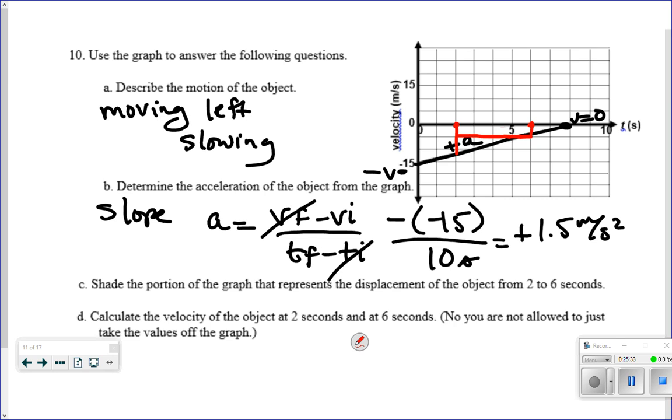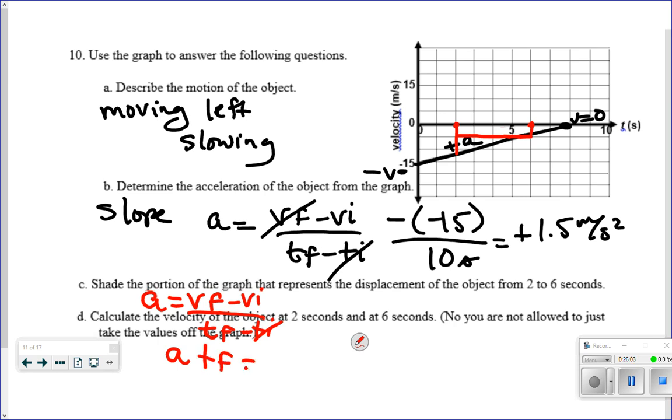No, you are not allowed to just take values off the graph. Do you like how that's been thrown in there? Okay, so we are going to really just use this equation. We're still just going to use our slope of the line equation. TI, you could figure, is most likely going to be 0, right? So let's get rid of the TF at the bottom of the fraction.